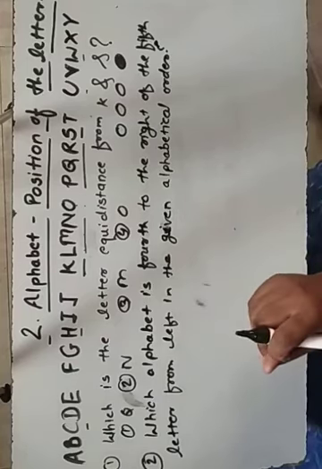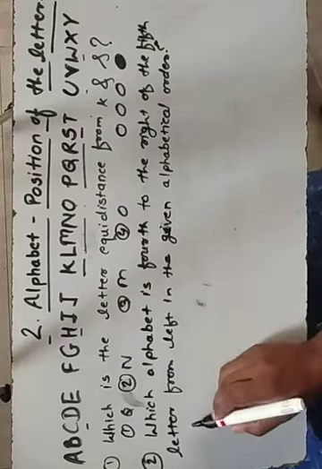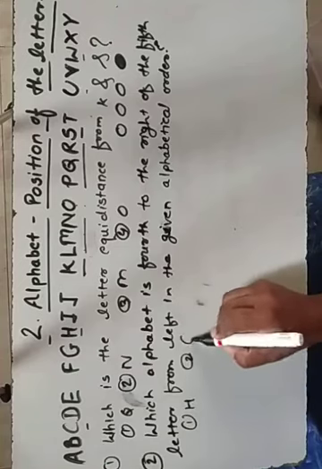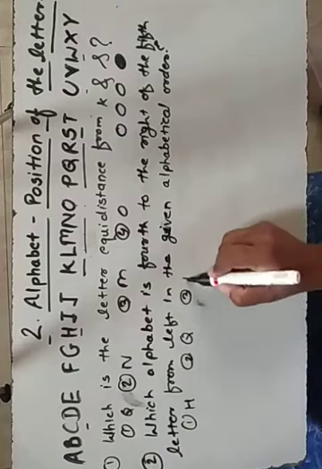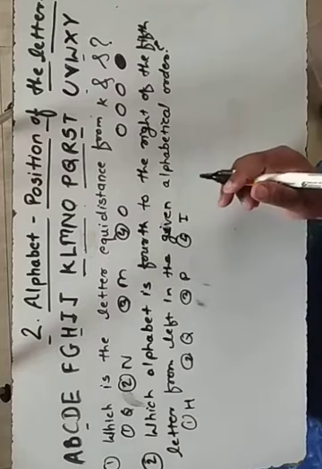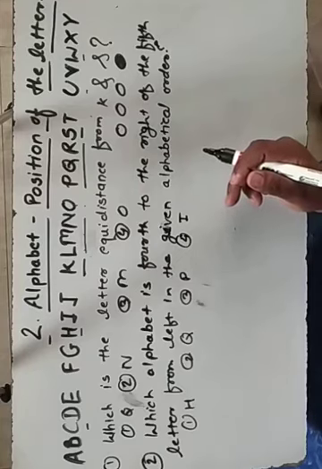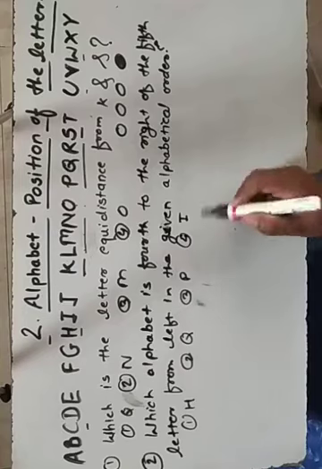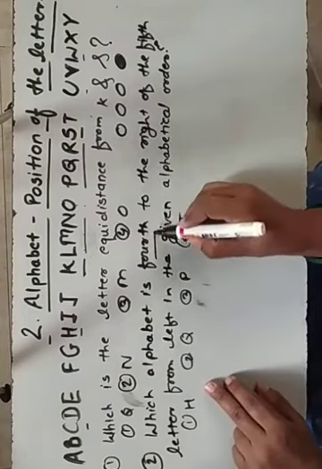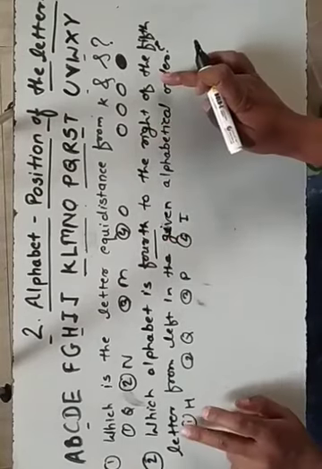For this question, options are provided to us: suppose the first is H, second is Q, third is P, and fourth option is I. Okay, so in this question what we have to find out is which alphabet is the fourth alphabet to the right of the 5th letter.